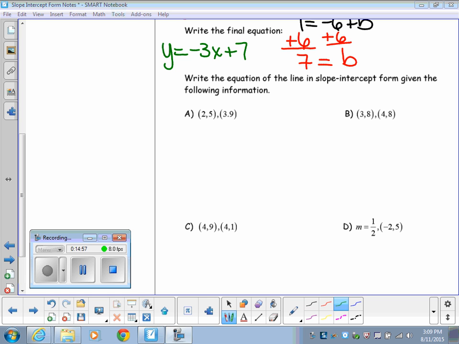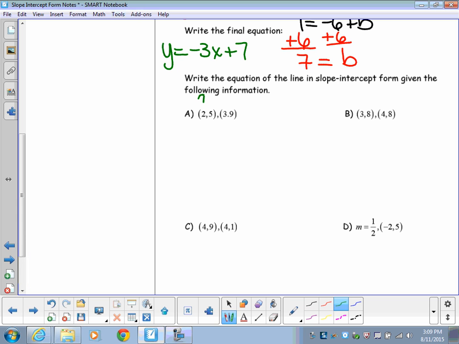Because I have a little room on the side, I'm going to do practice problem A on the side. So again, before I do anything, I label my points. This is my first set of ordered pairs, and then I have my second set of ordered pairs.